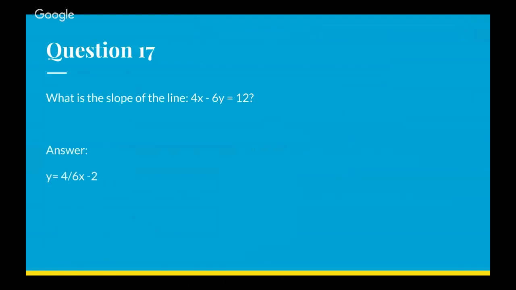Answer, y equals 4/6x minus 2. Question 18, pick the correct description of the line y equals 1/2 x plus 3. Answer, tilted right upwards. There are one or two questions like that on the exam.